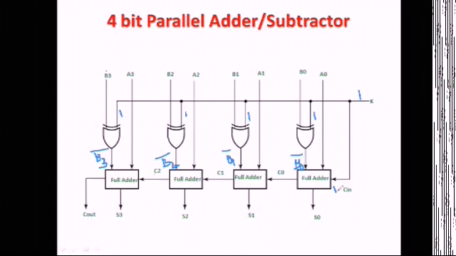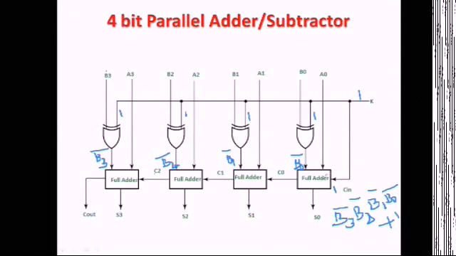And now as this is plus 1, and this is a full adder circuit, so this is A0, B0 bar, and this is 1. So ultimately you can write it like this: B3 bar, B2 bar, B1 bar and B0 bar, and there is a plus 1, as this is the least significant bit.